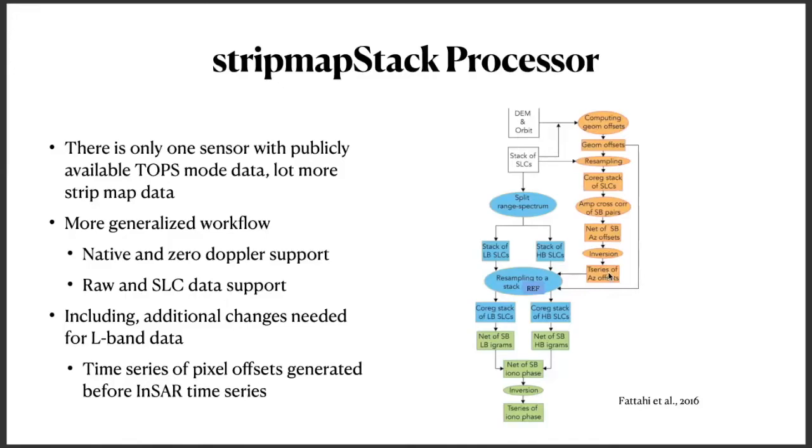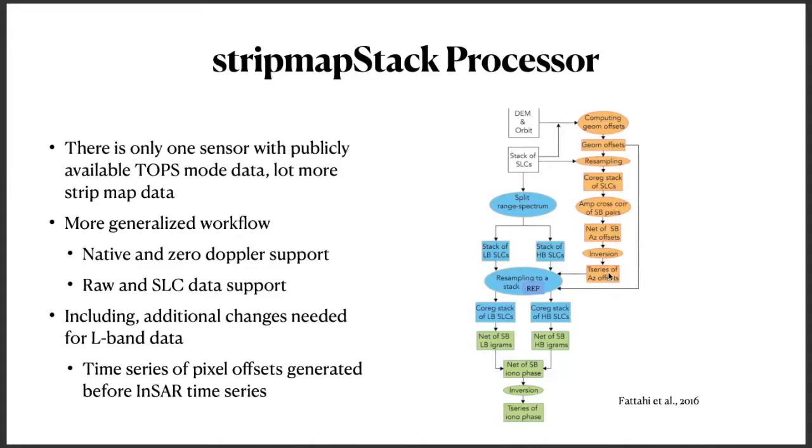But stripmapStack has the ability to estimate a pixel offset time series for blocks of data and use that for generating the co-registered SLCs. The reason being ionosphere can be large enough that can move pixels around in azimuth.